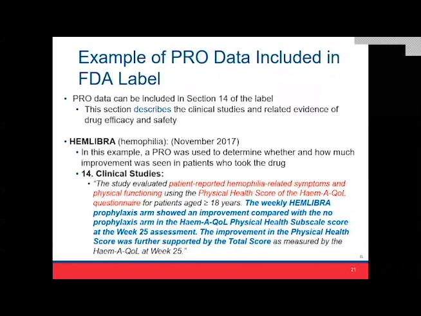So it's one of the sources that patients can look to see if there is evidence available around the patient-reported outcomes for a product. Clearly, one of the things that sponsors do is also publish information, so publications are another source of information to be able to see the PRO evidence.